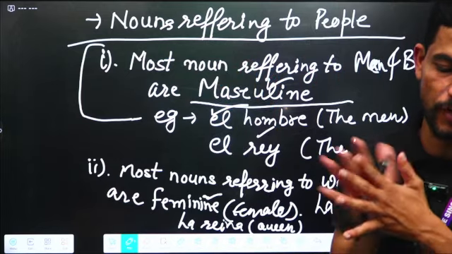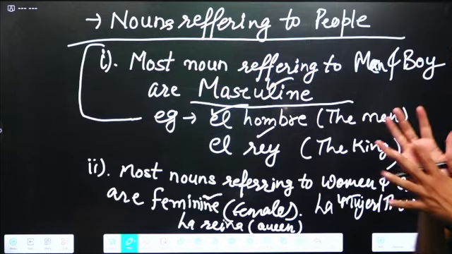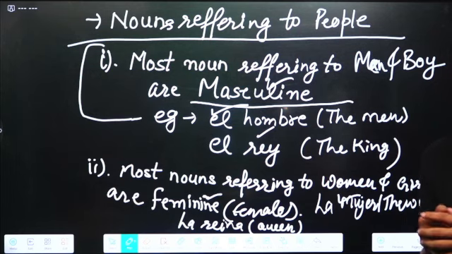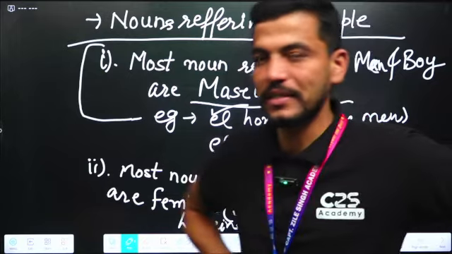Next, when a word is used to refer to either a man, boy or a woman, girl, the gender usually changes depending on the sex of the person it refers to. For example, el estudiante means the student.